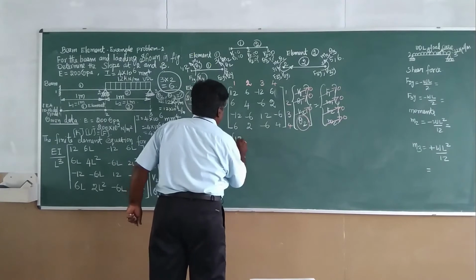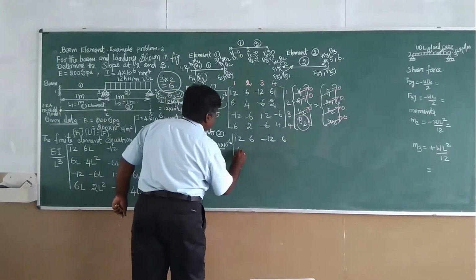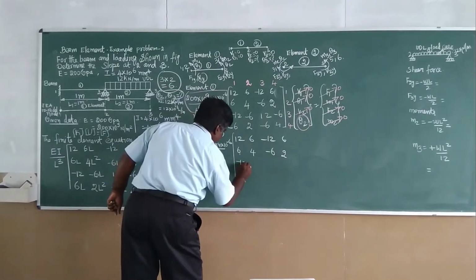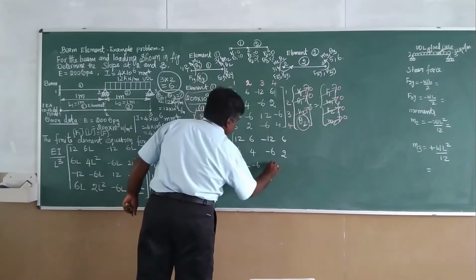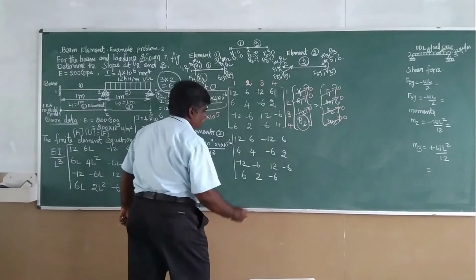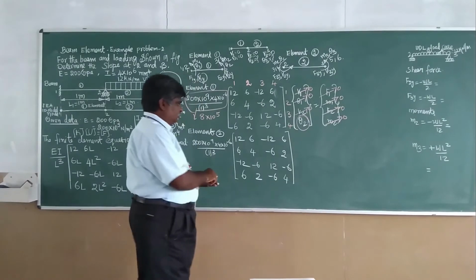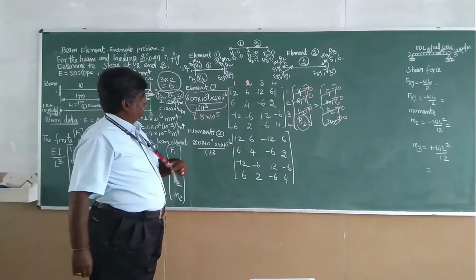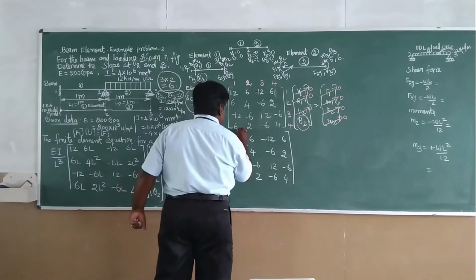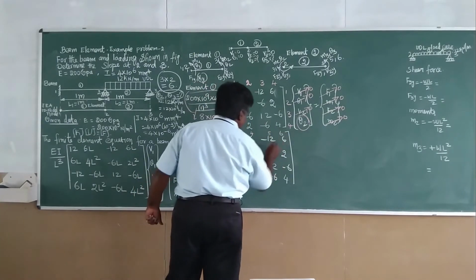Here: 12, 6, minus 12, 6; 6, 4, minus 6, 2; minus 12, minus 6, 12, minus 6; 6, 2, minus 6, 4. Then we have to give the degree of freedom numbers corresponding to the displacements, that is 3, 4, then 5, 6.